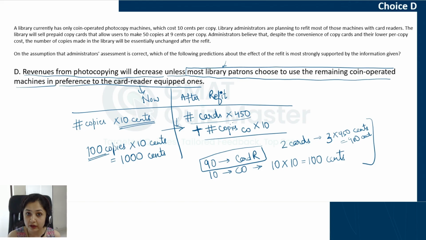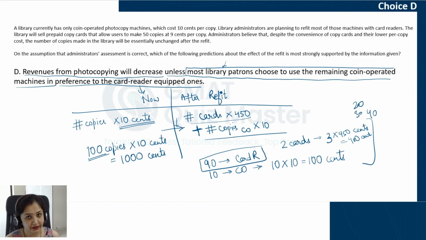If it is coming from four cards, because any number of people can buy that card, right? And they may not utilize it fully. The passage does not say that cards are being utilized fully. People may use it for 20 copies, people may use it for 30 copies, people may use it for 40 copies, or any number of copies, even less than 50.